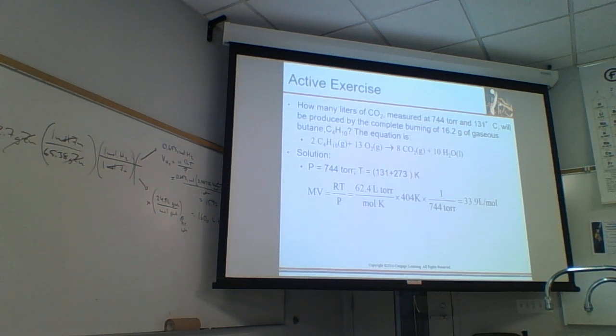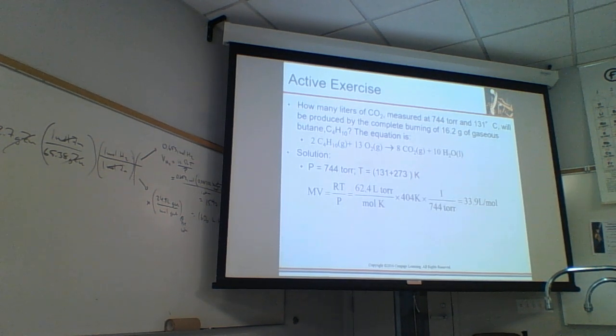This is the only value of R that I remember. And so I've got to just make sure everything works out. So I'm given 744 torr. And so rather than doing a separate calculation, I see that the torr and atmospheres won't cancel. Do you see that? So what I'll do is I'll just convert it within the problem itself here.